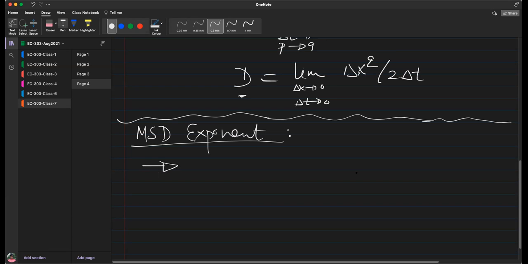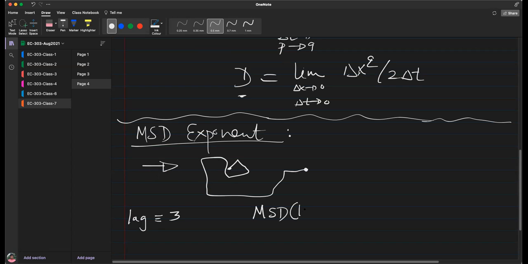So in my mean square displacement code, let's say an animal has moved like this, because the end point is the starting point. Let's say I'm looking at a lag of 3. So what is the mean square displacement at lag 3? How do I compute that?